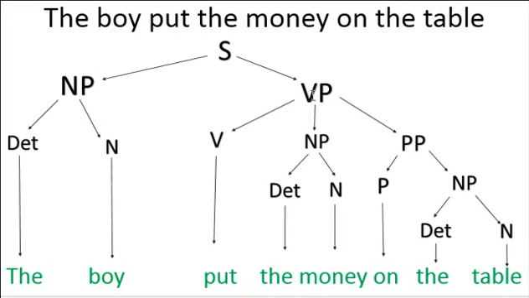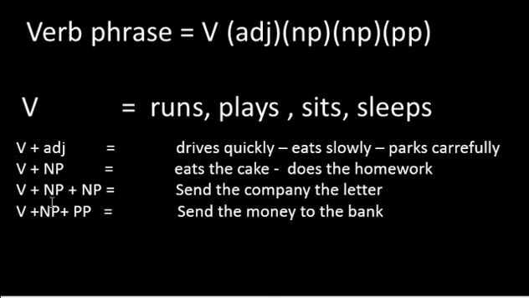You say a verb phrase is a verb and a noun phrase. It's the rule. This is a rule. I'm going to show you again. This is the rule here. You can see the rule. The verb phrase, you use the verb, and then a noun phrase.